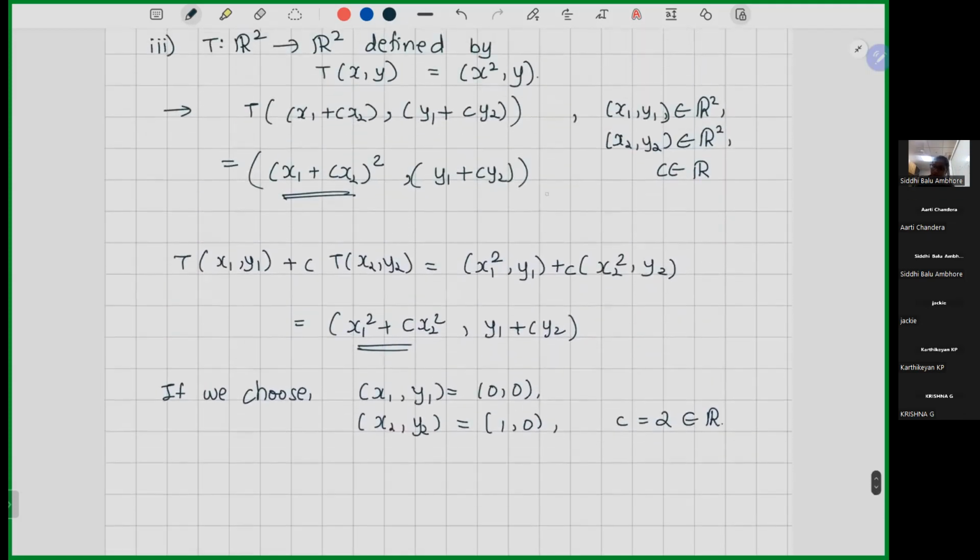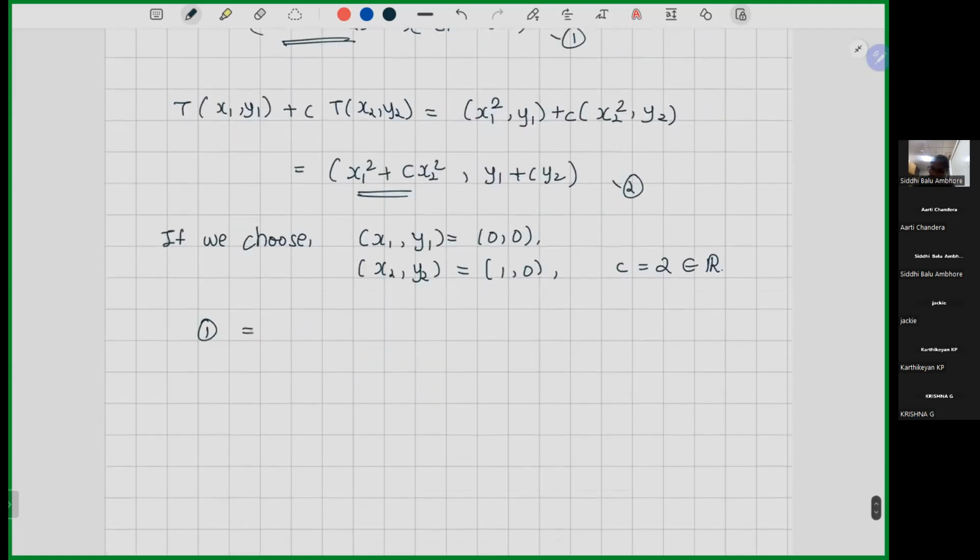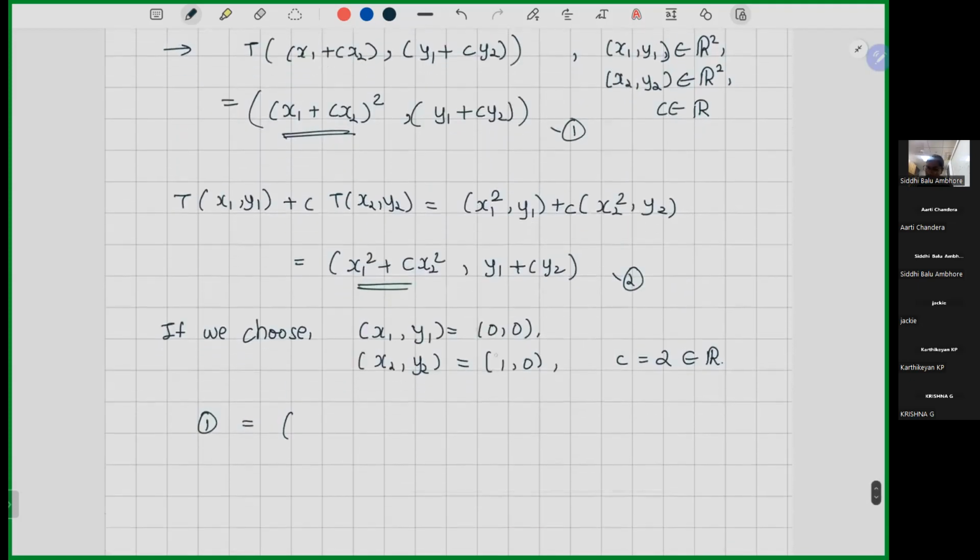The first term, and let me call this the second term, then the first term will be what? It will be (0 + 2×1)² comma 0. So this will be (4, 0).